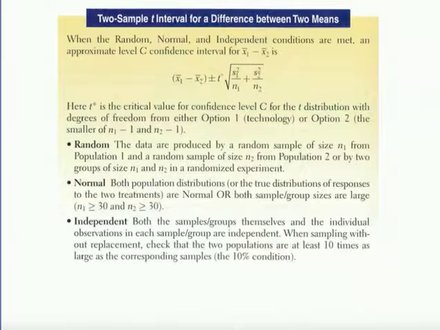Independent: both the samples and the groups themselves, and the individual observations in each sample or group, are independent. When sampling without replacement, check that the two populations are at least 10 times as large as the corresponding samples, and that would be your 10% condition.